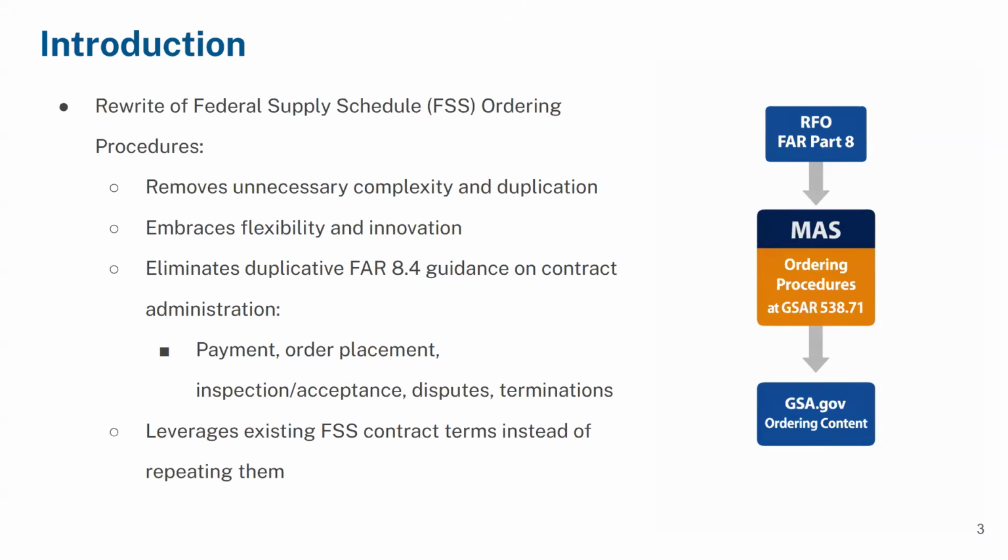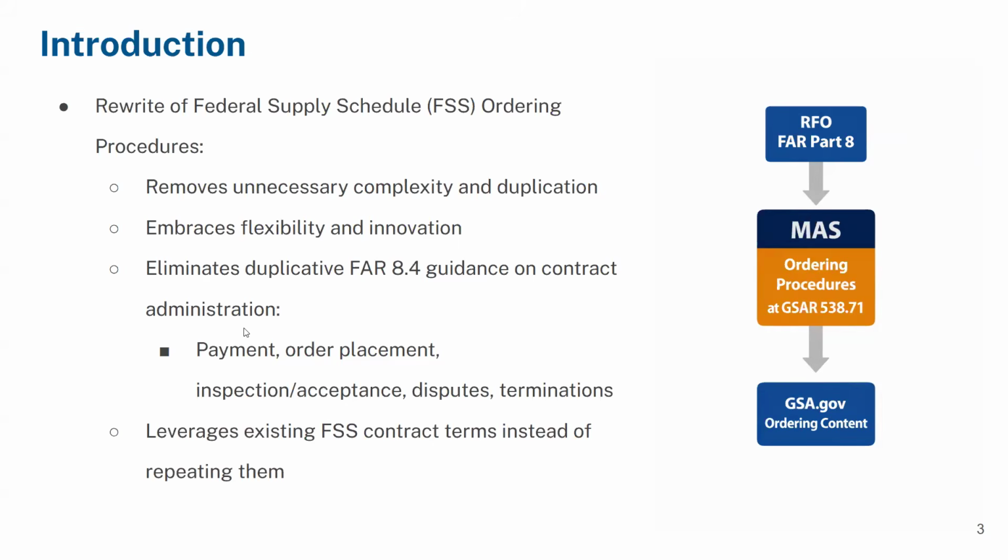That section of the RFO now references GSAR 538.71 for schedule ordering procedures. In addition to that, we have ordering content on GSA.gov. Those are all intended to be complementary, not redundant, and obviously not to contradict or restrict what was intended to be done with the RFO.